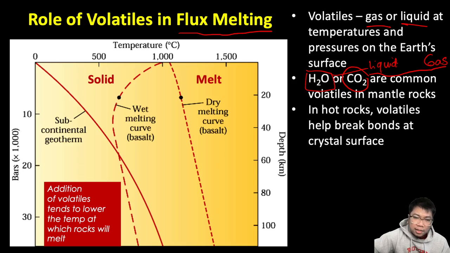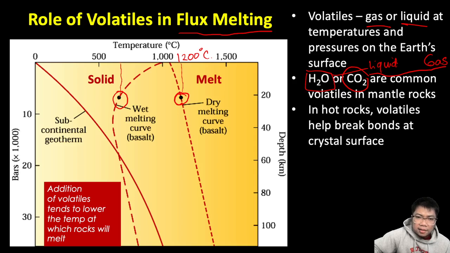The same rock type, the main difference is that one is dry basalt and this one is wet basalt. Look at this. For dry basalt, I would need a high temperature of about maybe 1200 degrees Celsius.